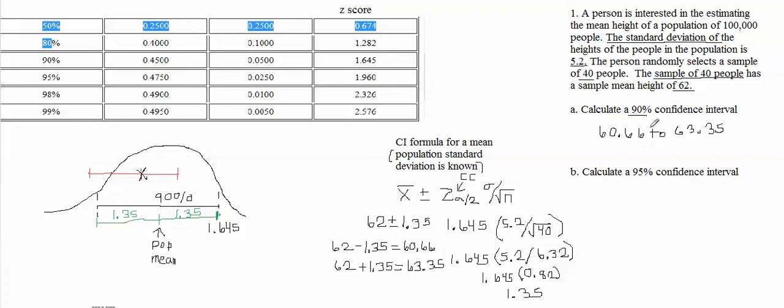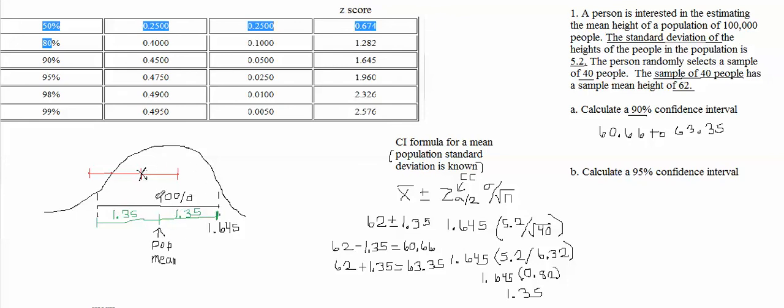So we're 90% confident that the population mean is inside of this confidence interval because we know that as long as we were able to get a sample from the middle 90%, our confidence interval would include the population mean. And when you randomly select a sample from a population, there's actually a 90% chance or probability of getting a sample from the middle 90%.